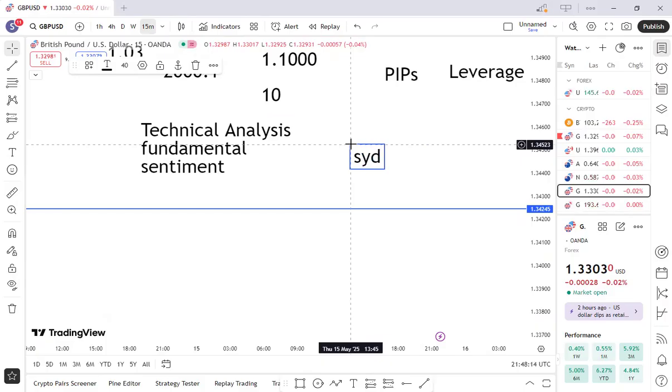We have the Sydney session. We have the Tokyo session. We have the London session. And we have the New York session.